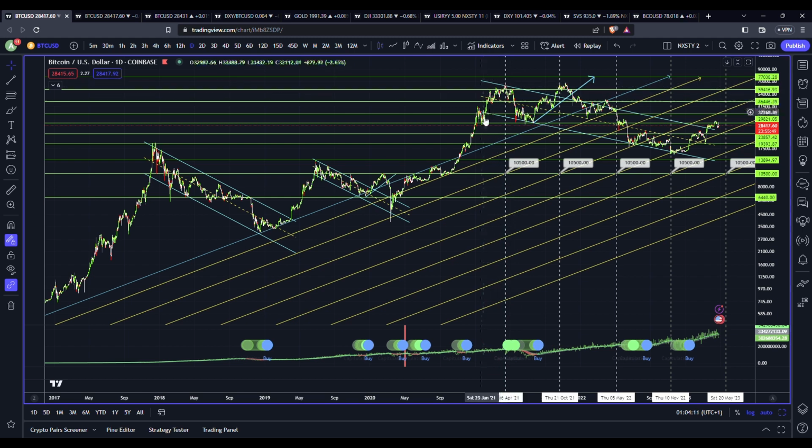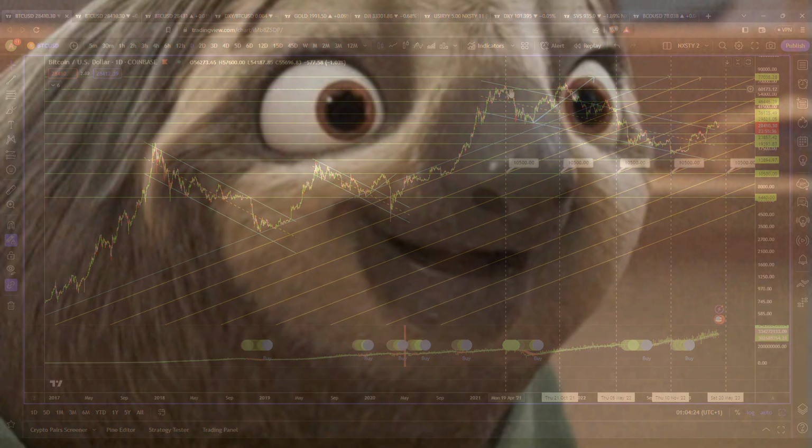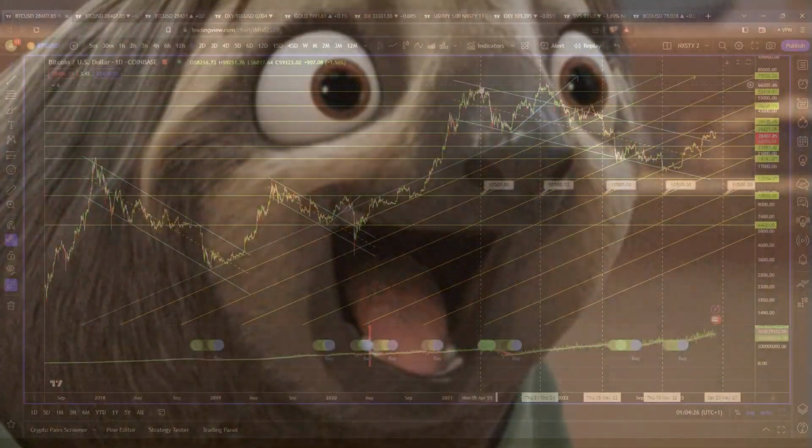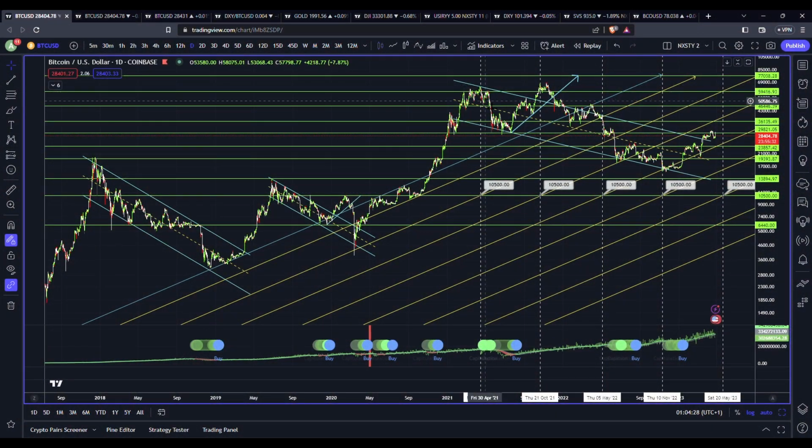So after our bull market began losing steam, we then realized that we started retesting those Fibonacci levels again in the same order.